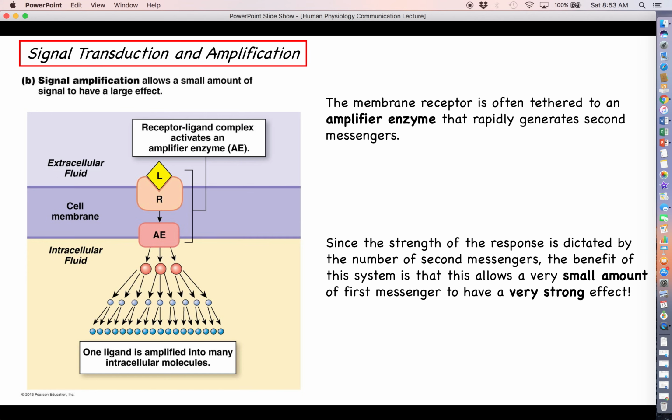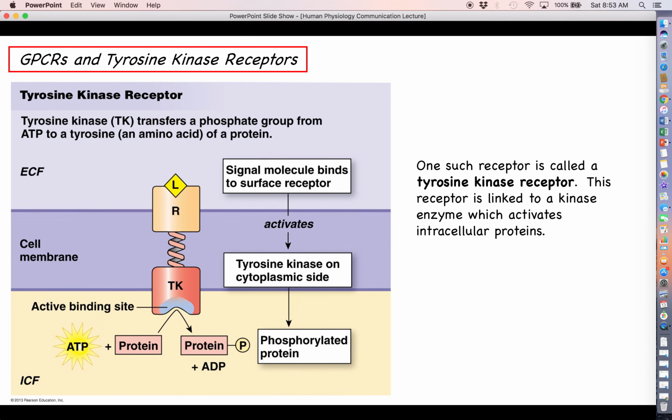But because of the second messenger amplification system here, we can get a very strong effect even with a very small amount of ligand. And this is going to be important in chapter 17 because we're going to see how a lot of our endocrine glands, like the pancreas or the thyroid, generally do not produce a very large concentration of hormones. So we can get very strong effects even though we're not using a whole lot of messenger.